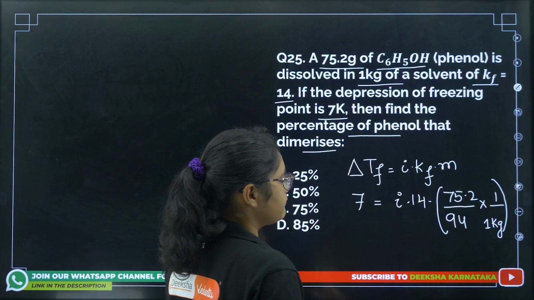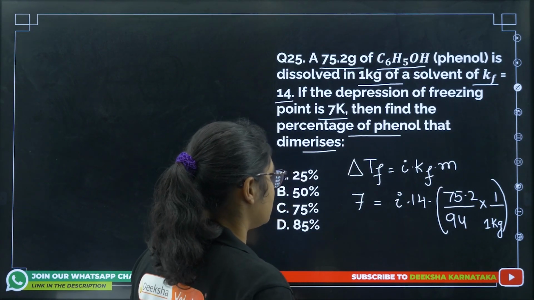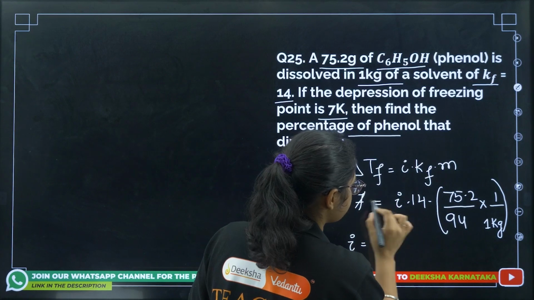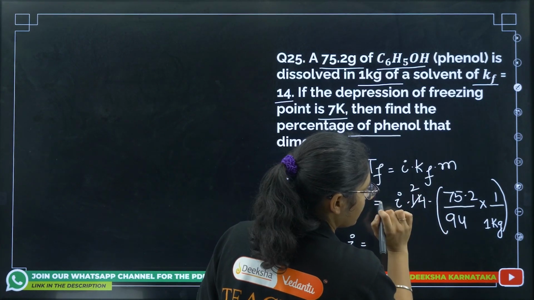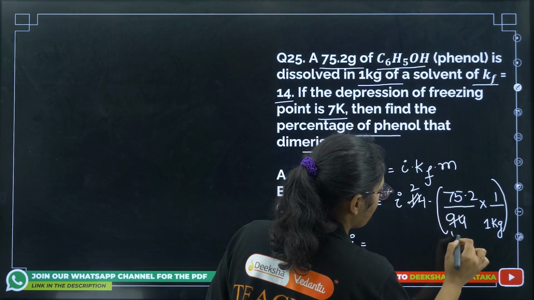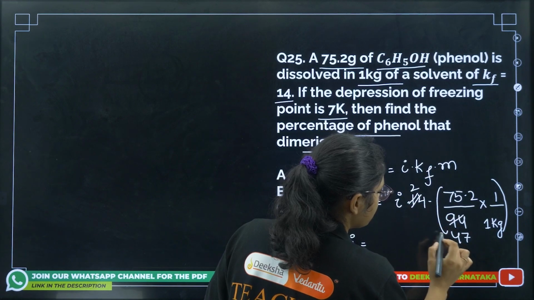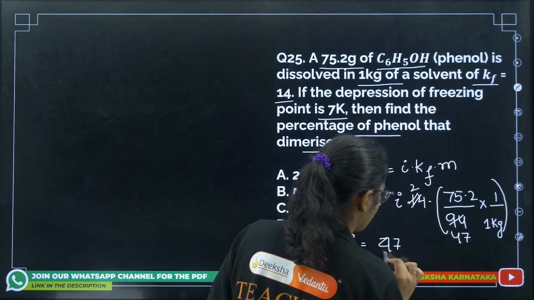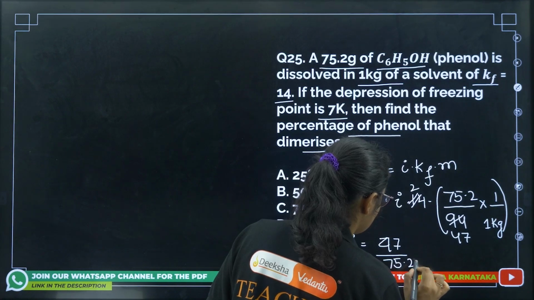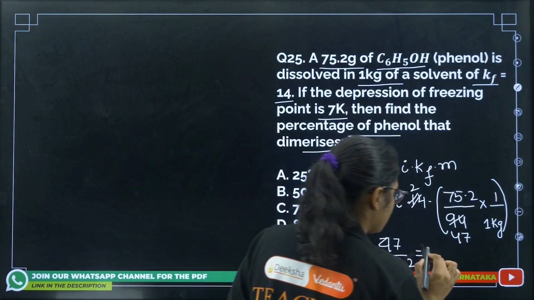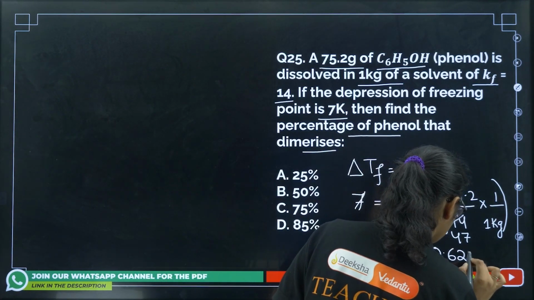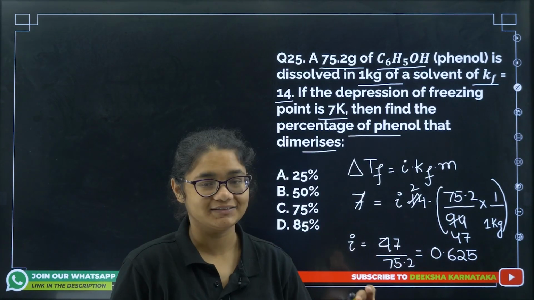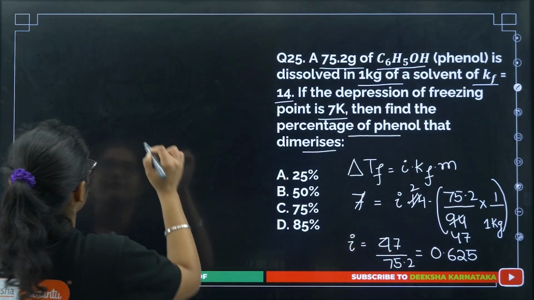Now if I calculate this one, I will get the i value. We can cancel: 7 ones are 7, 7 twos are 14, then I have here 2 into 47, right? So the i value will be 47 by 75.2, and this value will be around 0.625. So i value will be equal to 0.625. Now coming to the alpha value.